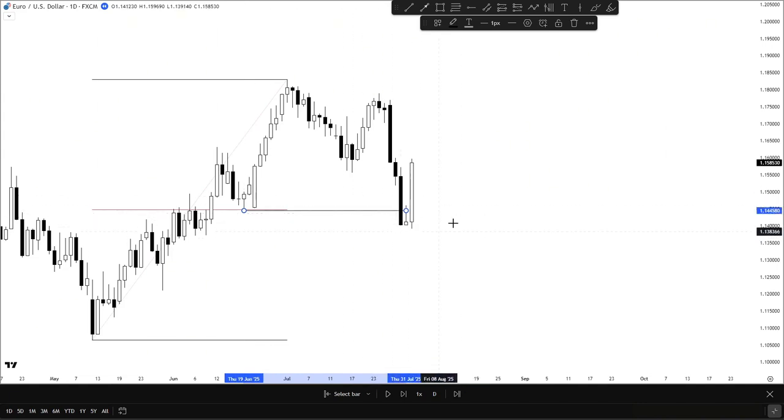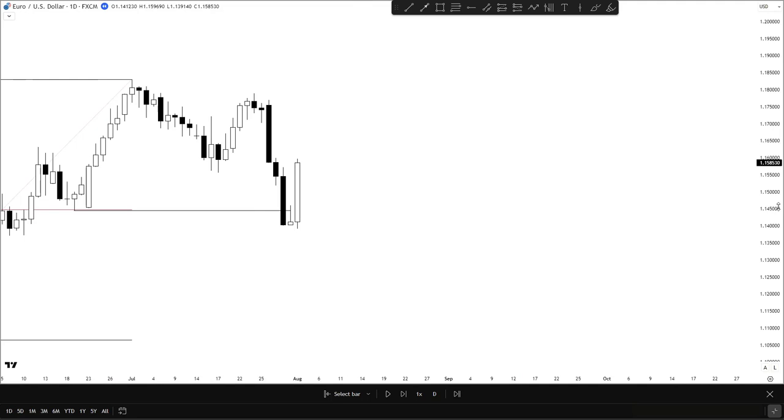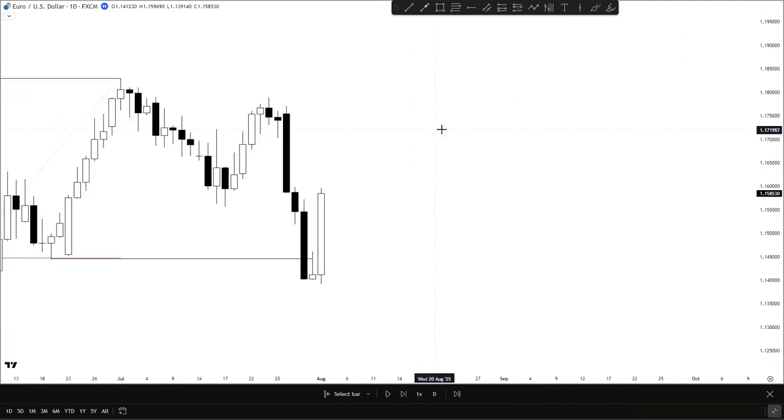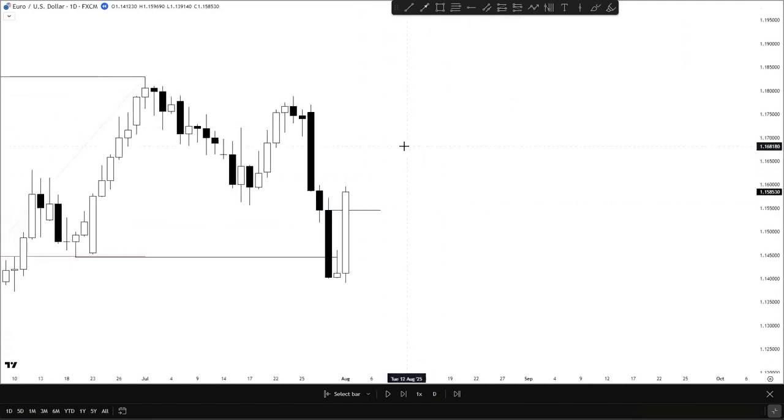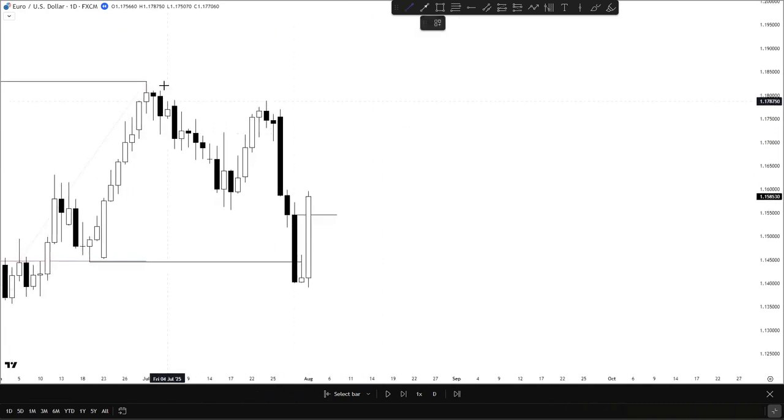Now that we've rebalanced this dealing range and also had a CSD here, our expectation for price is now a range expansion higher, eventually taking out this high.